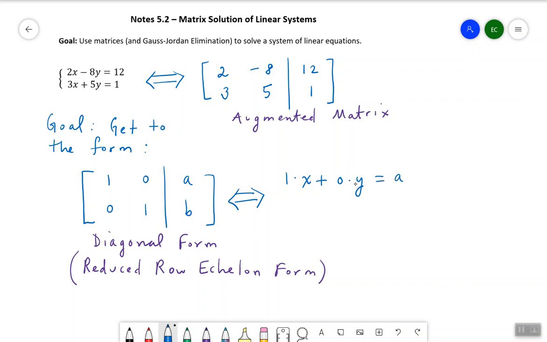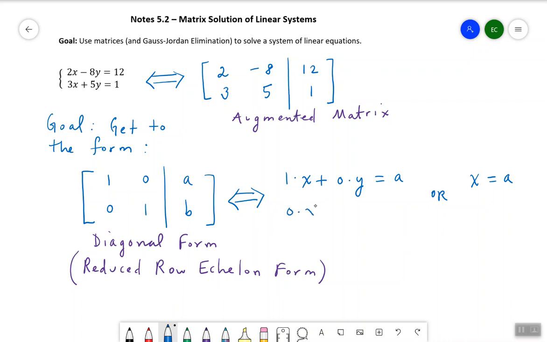And of course we can simplify that. 0 times y cancels, and 1 times x is just x. So we just have x equals a. That's the solution, right? That's the value of x that makes the system true. Okay, and then the second row of the matrix can be converted to an equation as well.